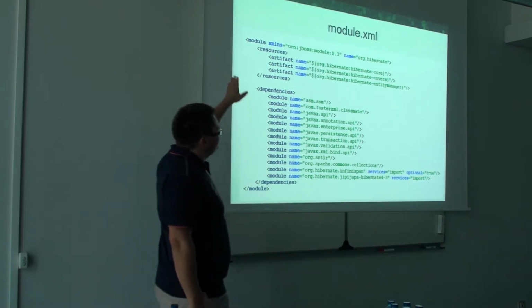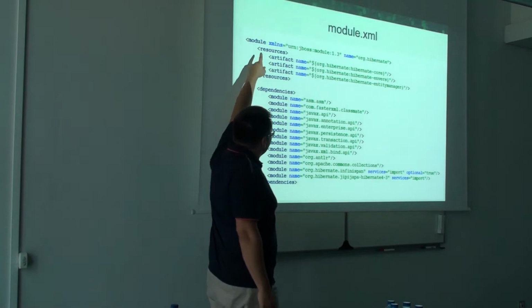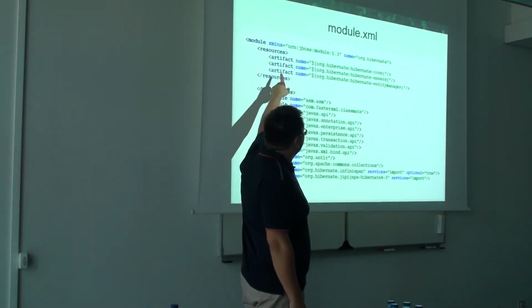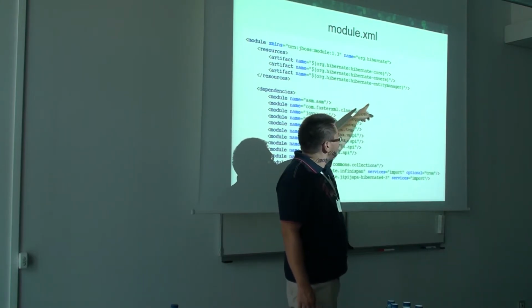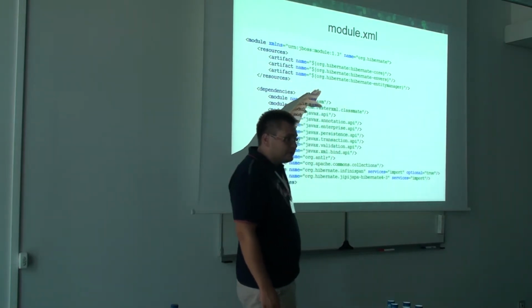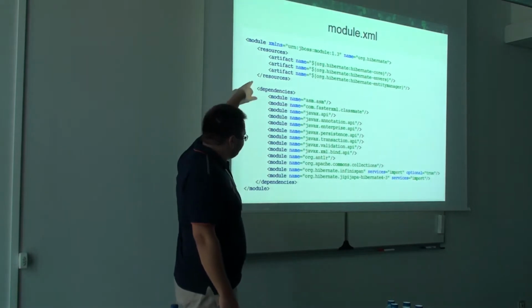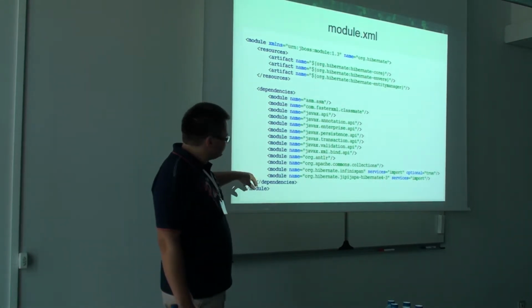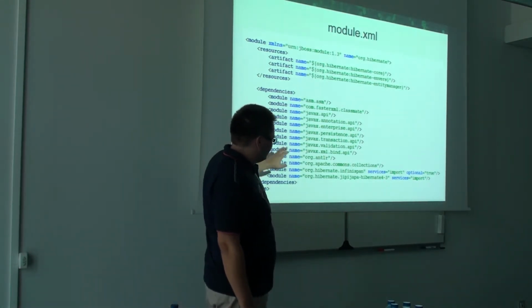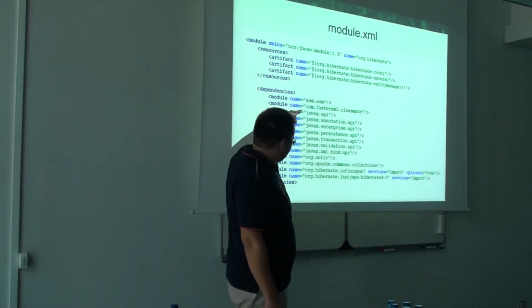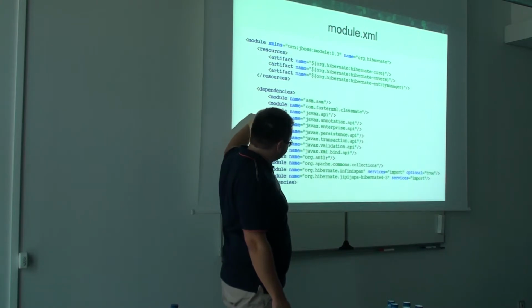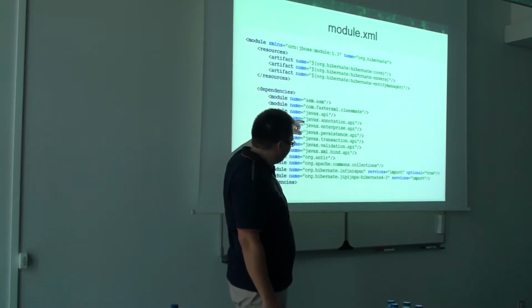And here you say, this module has these resources, the artifacts: hibernate-core, hibernate-envers, and hibernate-entitymanager. These are the Maven coordinates, basically. And these are the dependencies, so it will work. These are not actually all, just for the presentation, I cleaned it out. So, okay, I need ASM, Jackson, the javax API annotation, like that.